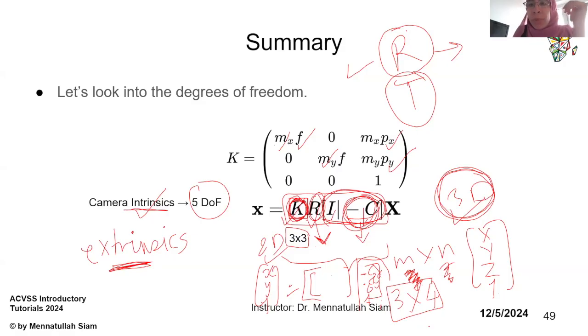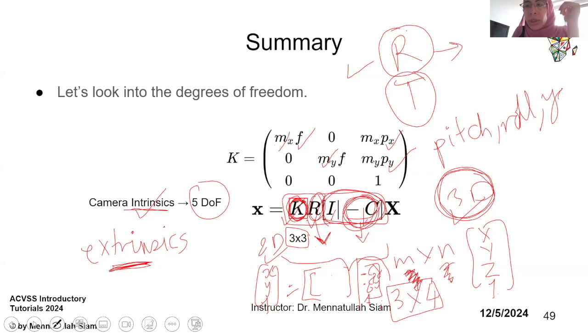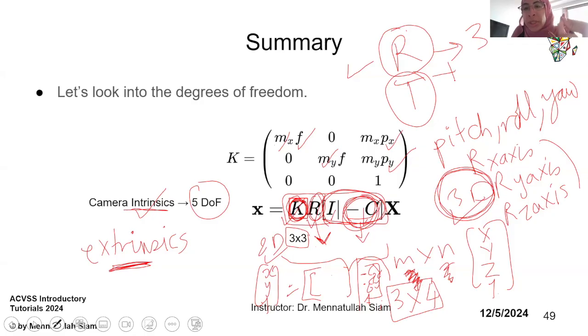So we have pitch. Remember we had pitch, roll, yaw, or the rotation around the x-axis, rotation around the y-axis, rotation around the z-axis. So these are 3 angles. Plus we have the translation in x, translation in y, translation in z.